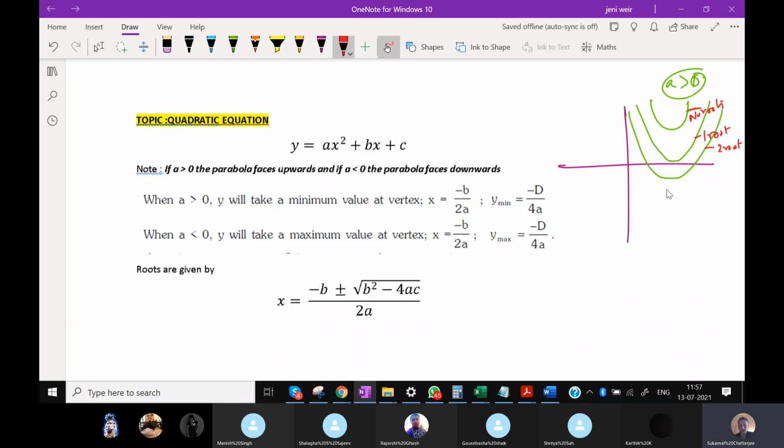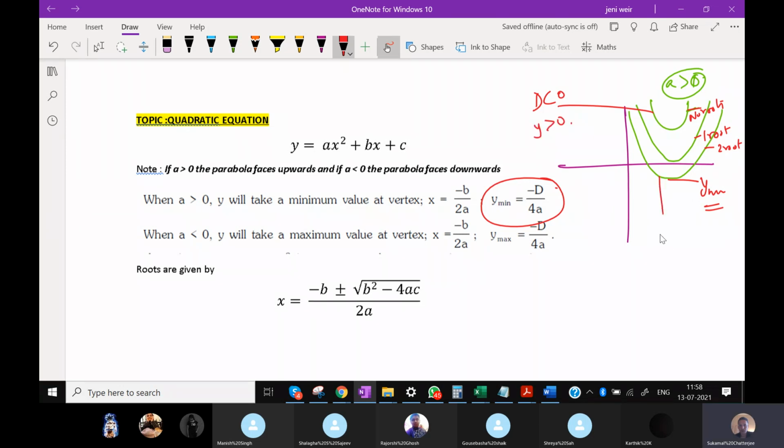And the relationship between the discriminant and the minimum value of the function is given by this. So when discriminant is less than 0, it will be positive. So in the first case, d is less than 0, therefore y is greater than 0.